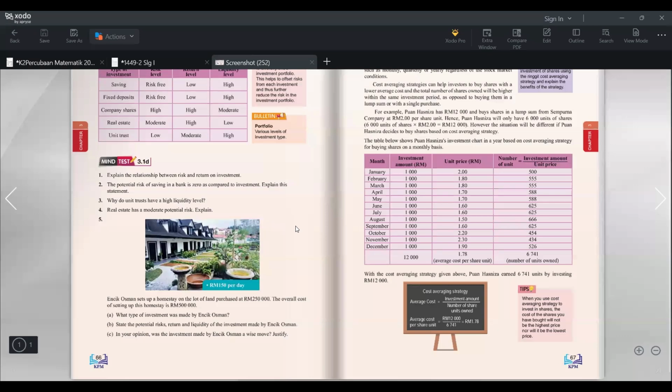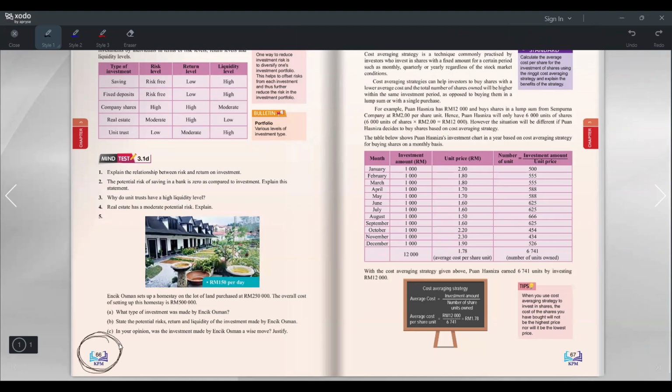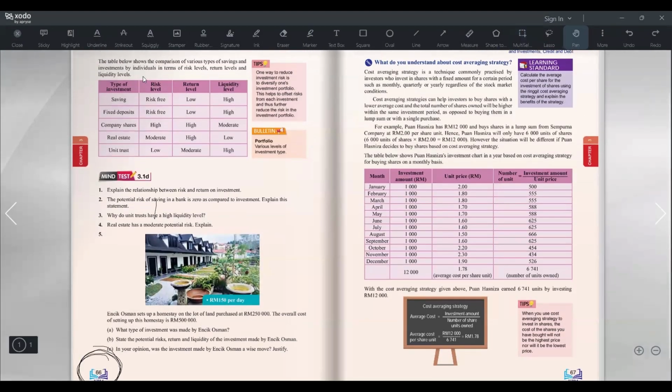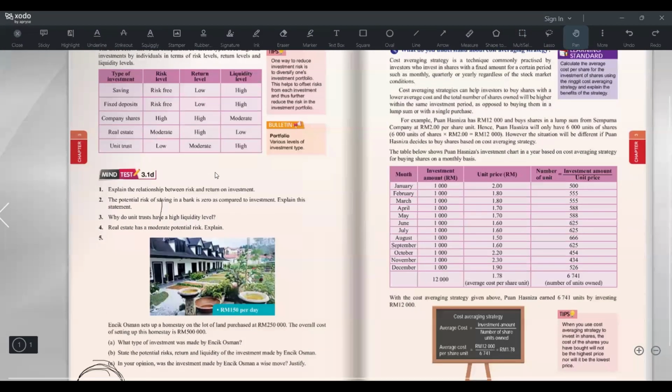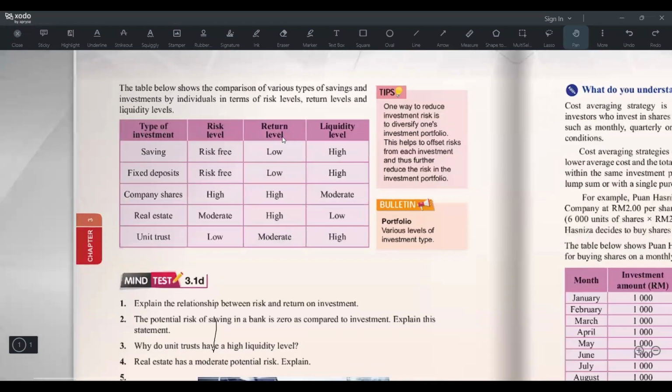Okay, so if you look at the screen now, you will see this. All right, this is the book text for Form 3, and it's page 66. Okay, and I want you to look at this part here. I want you to look at this table. Right. Let me zoom in for you. This is from the Form 3 textbook. So if you look at this, you will understand why I say it's high risk level.